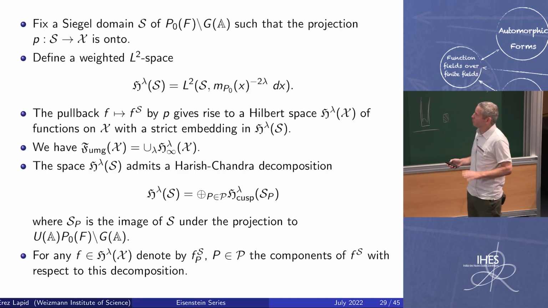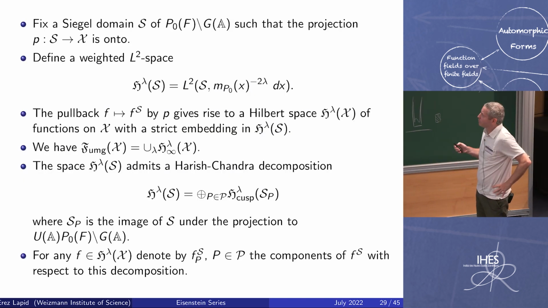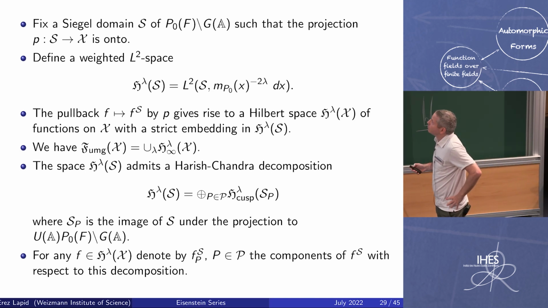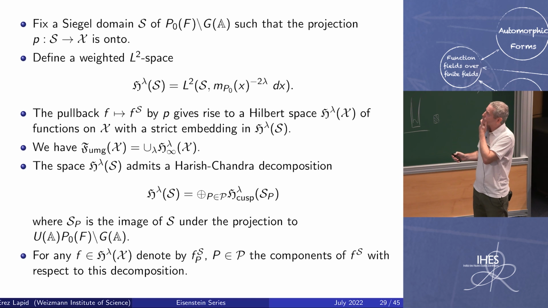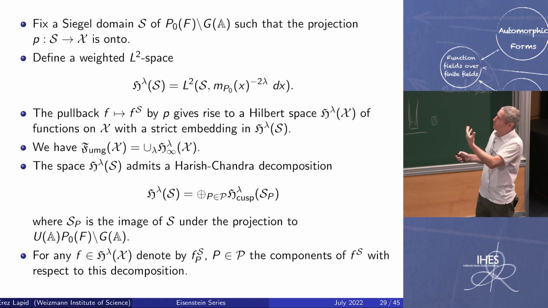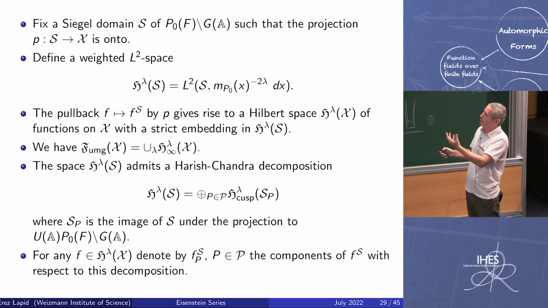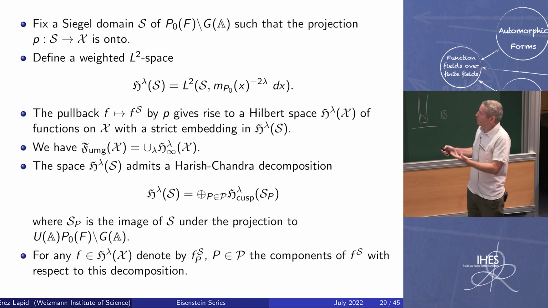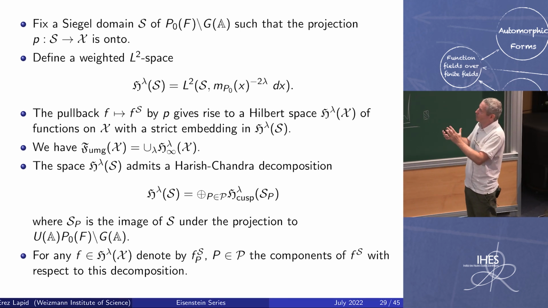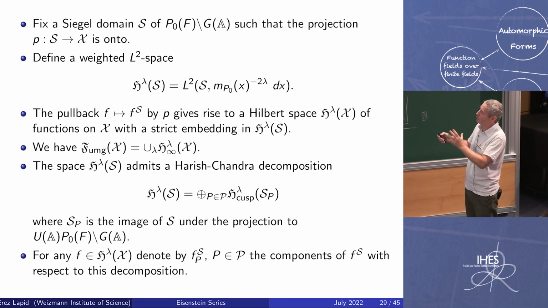I don't want to spend too much time on that, but I'll just give you the gist of it. So again, we have a Siegel domain and we will model everything on the Siegel domain. You can put a weight on the Siegel set, depending on some parameter lambda in this a_0 star. And via the pullback, so again, it's a very nice embedding from S to X.